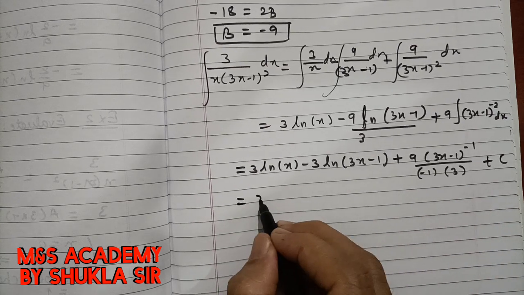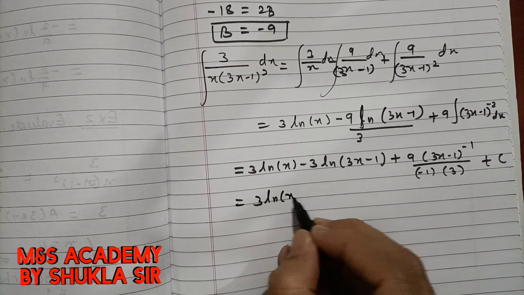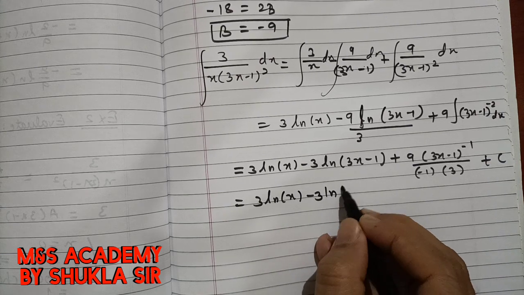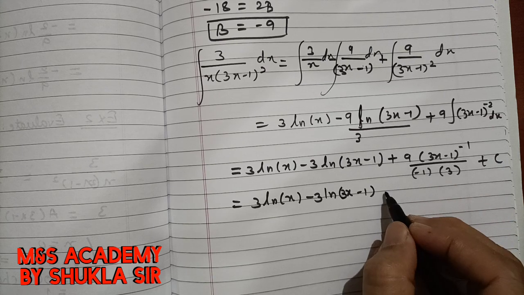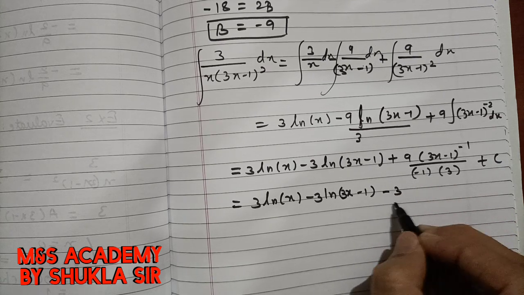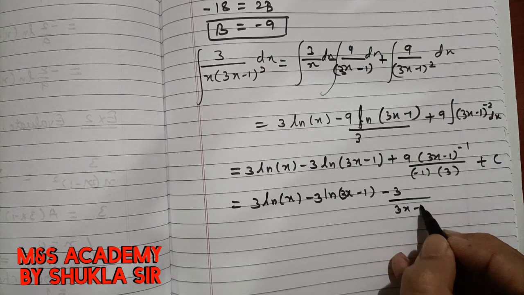So the final answer is 3 ln x minus 3 times ln of 3x minus 1, the 3 gets cancelled, so minus 3 by 3x minus 1.